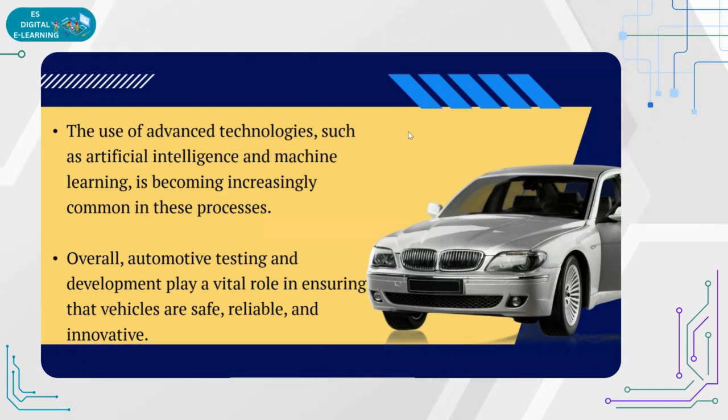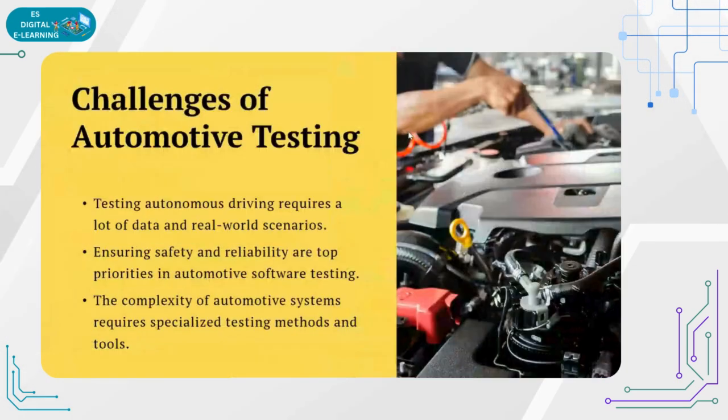Whatever the automotive testing and development, this plays a very major role towards safety, reliability and innovation. This is all about automotive testing, the overall development and testing phase, and what technologies are involved in the domain.